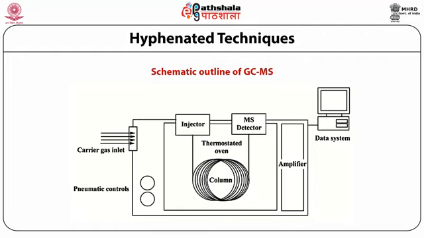At the injector, we inject the sample, which is taken by the carrier gas onto a column placed in a thermostatic oven. Over this long column the components of the injected sample get resolved and eluted, and they are taken to the MS detector. Thereby GLC acts as a separation medium and mass acts as a detector.